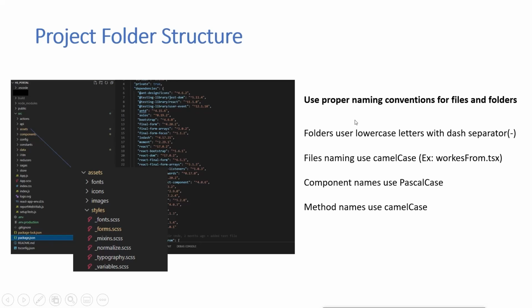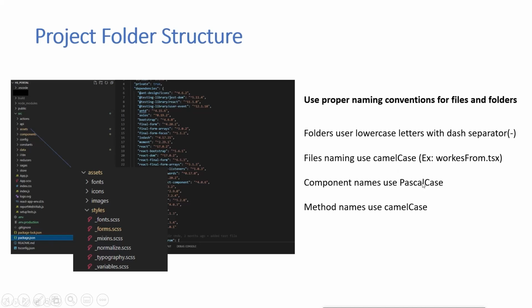So this is very important: use a proper naming convention for your files and folders. Basically, folders normally use lowercase letters with a dash separator in the naming, and file naming normally uses camel case. For example, you can see it starts with a small letter and the second word starts with a capital. Likewise, component names usually use Pascal case.